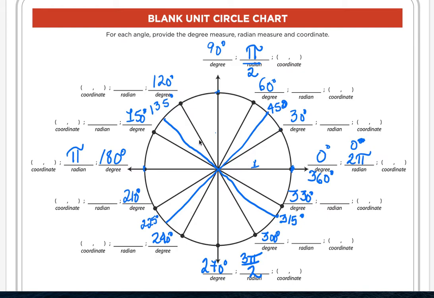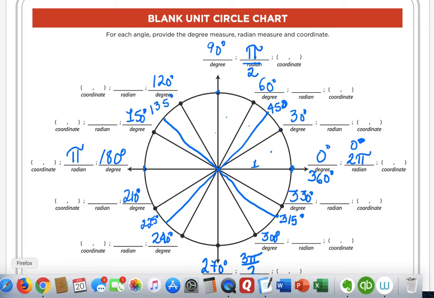So let's look at this in terms of if I go all the way around here, how many chunks do I have of this circle? If I look at the black marks that are already in here, if I count all the way around, I got 1, 2, 3, right? They're doing it every 30 degrees, right? So if I'm going to do 360 degrees, how many of these pieces do I have going all the way around?